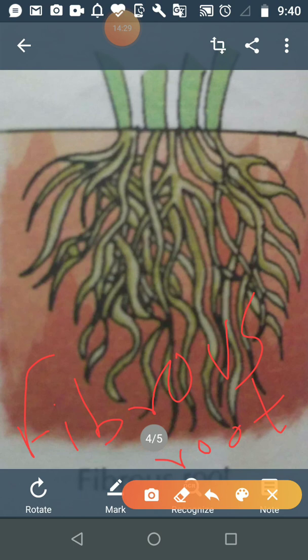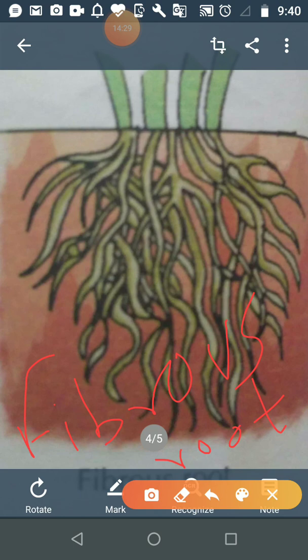It consists of many roots that grow from the end of the stem. Is it clear? It consists of many roots that grow from the end of the stem and which are bushy in appearance.